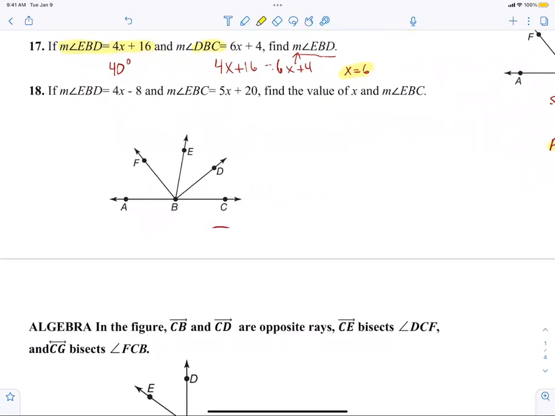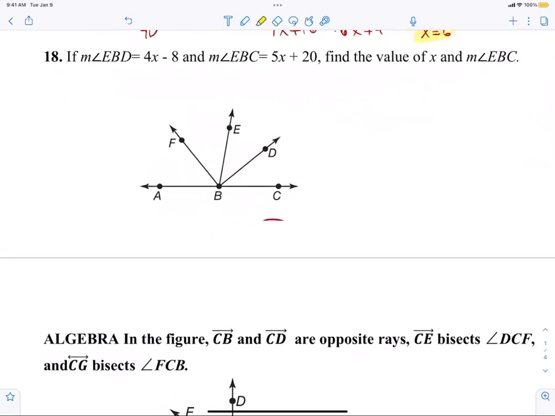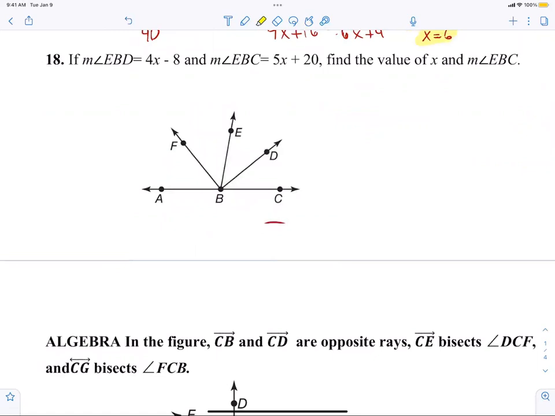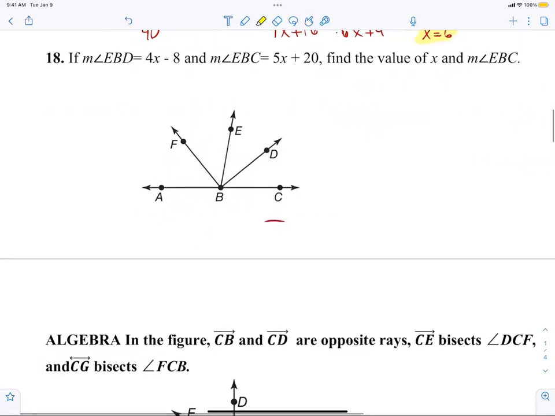So this one's a little bit different. All right. So EBD is still what? 4x minus 8. Now this time they're telling me that what? Right. So how you mark that is this. This would be 5x plus 20. That's how I like to mark it.